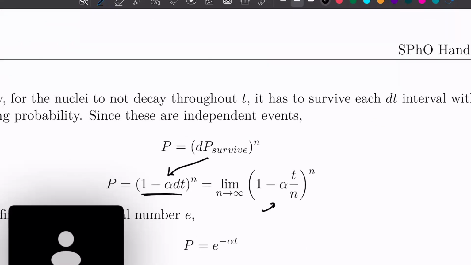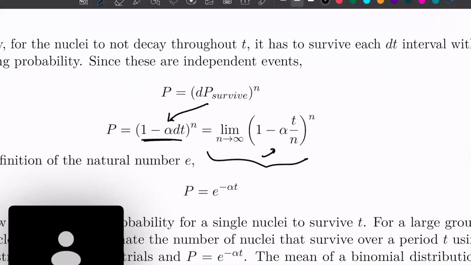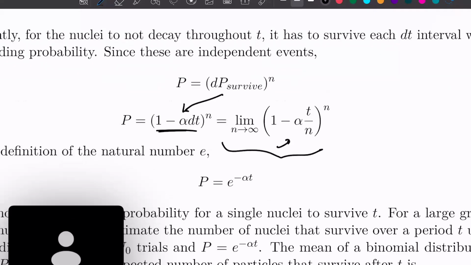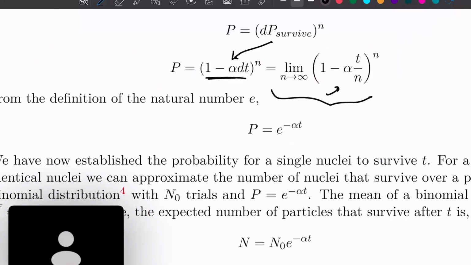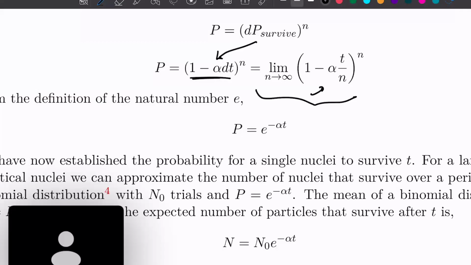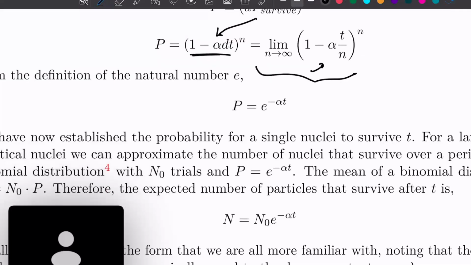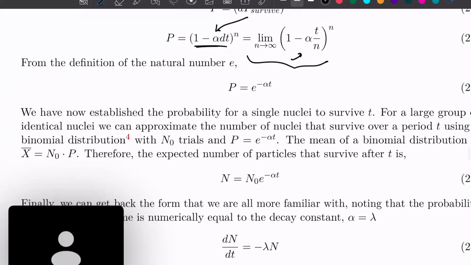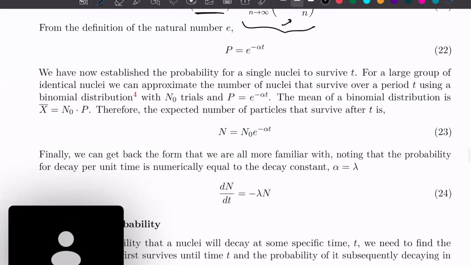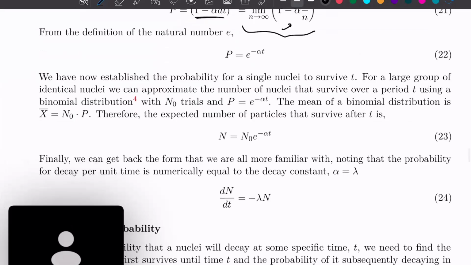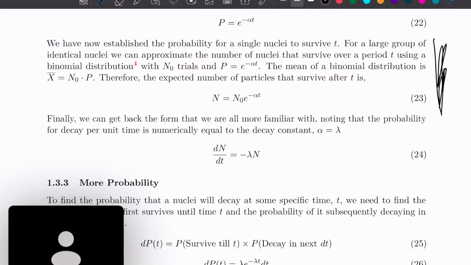And nicely, this entire thing is actually the definition of the natural number, and you'll get this. Very nice. So now you've got e to the power of minus alpha t, eerily similar, right? We can do a bit more probability. This one I think is not as relevant anymore.